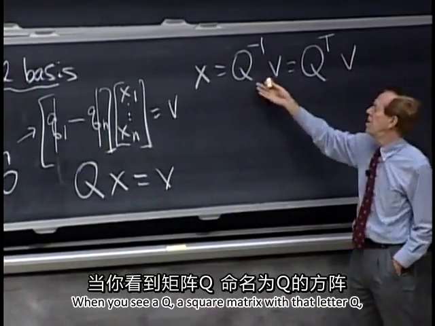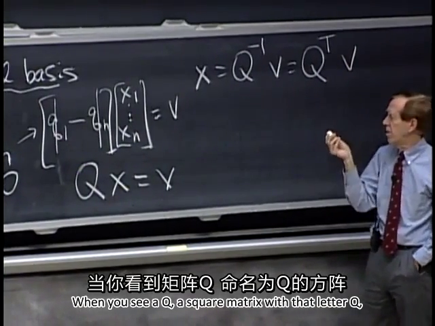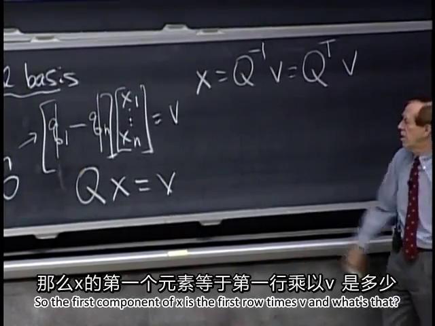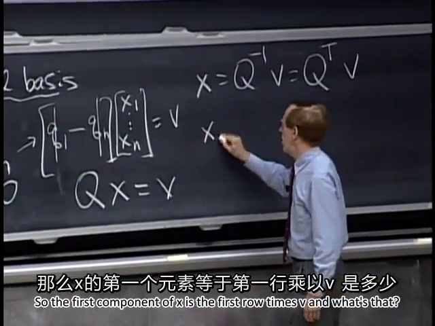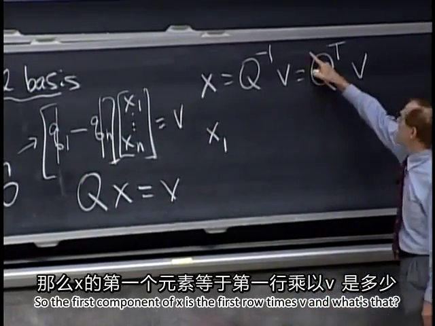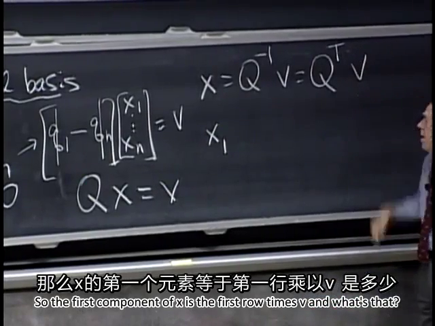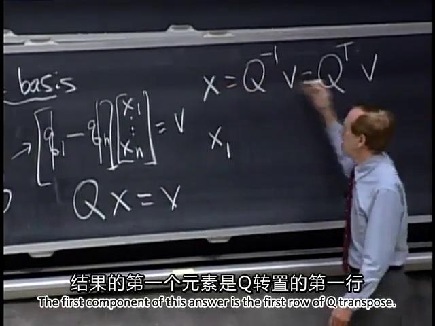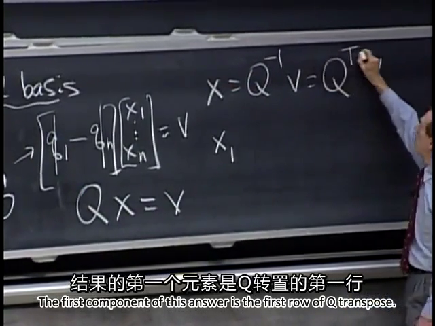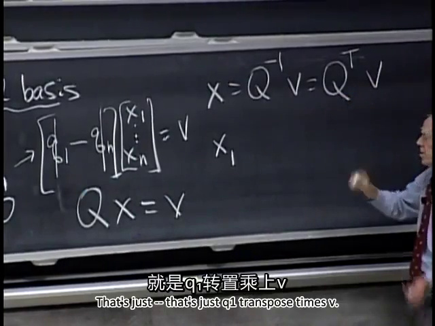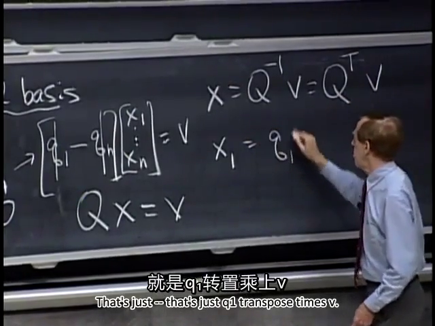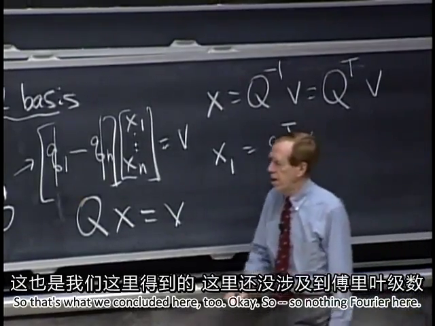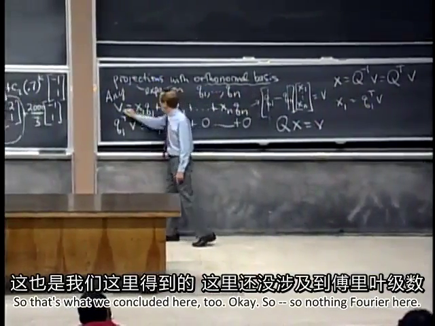When you see a square matrix with that letter Q, that just triggers Q inverse is the same as Q transpose. So the first component of x is the first row times v. And what's that? The first component of this answer is the first row of Q transpose. That's just q1 transpose times v. So that's what we concluded here too.